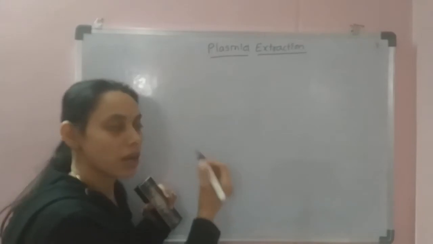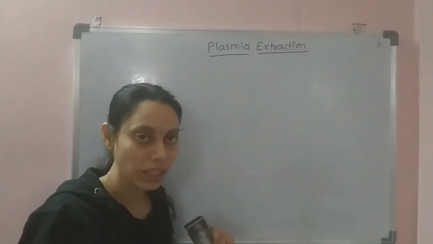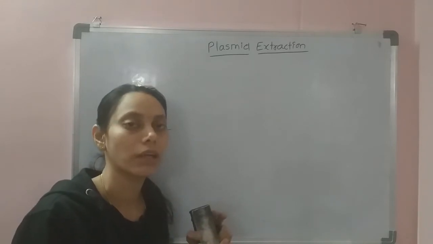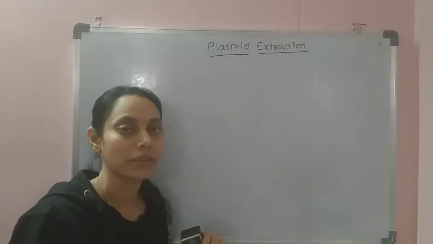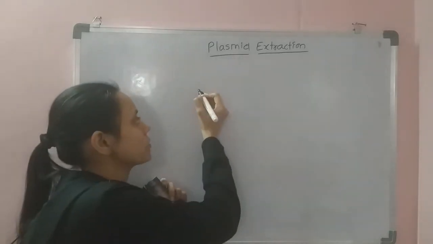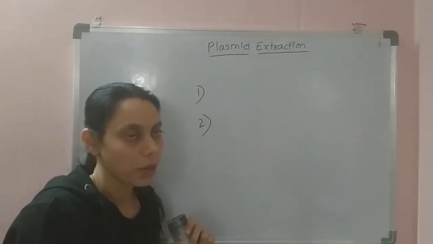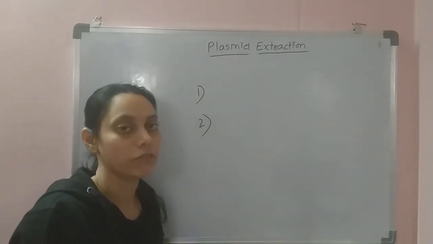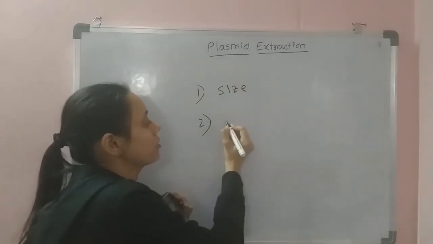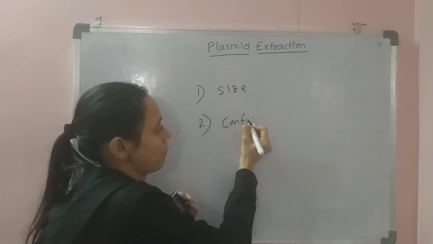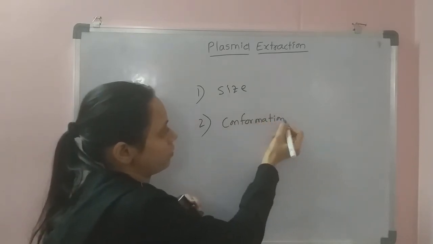Basically, for plasmid isolation, the differentiating characters from the genomic DNA will be considered to isolate the plasmid. That means basically these plasmids differ from the genomic DNA by two major characters, that is size and conformation.